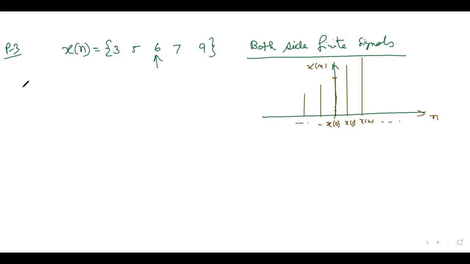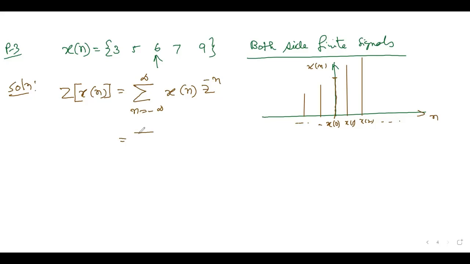So what will be the z transform? The z transform of xn is equal to the sum from n equal to minus infinity to plus infinity of xn z to the power minus n. So the summation will reduce to what? n equals minus 2 to 2.